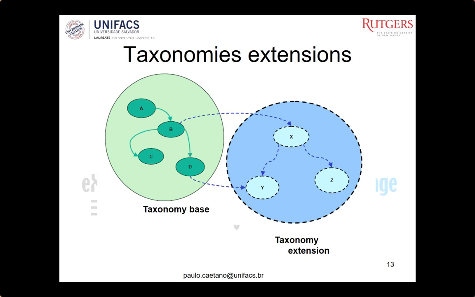So we can create a chain of interconnected taxonomies, and our schema can use elements defined in all of them. So you have to discover the taxonomies to validate this document.